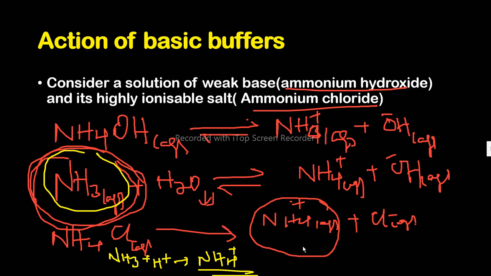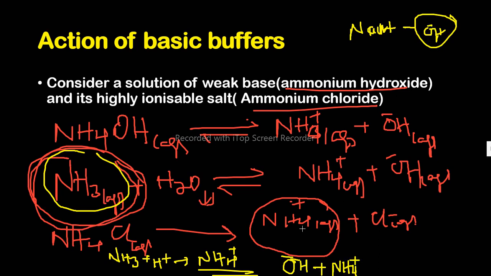But because you also have excess ammonium ions, if you add hydroxyl ions from just a little base, such as sodium hydroxide, which will dissociate to give us the hydroxyl ions, these OH⁻ ions will react with the excess ammonium ions in this solution to give us the undissociated ammonia solution plus water.